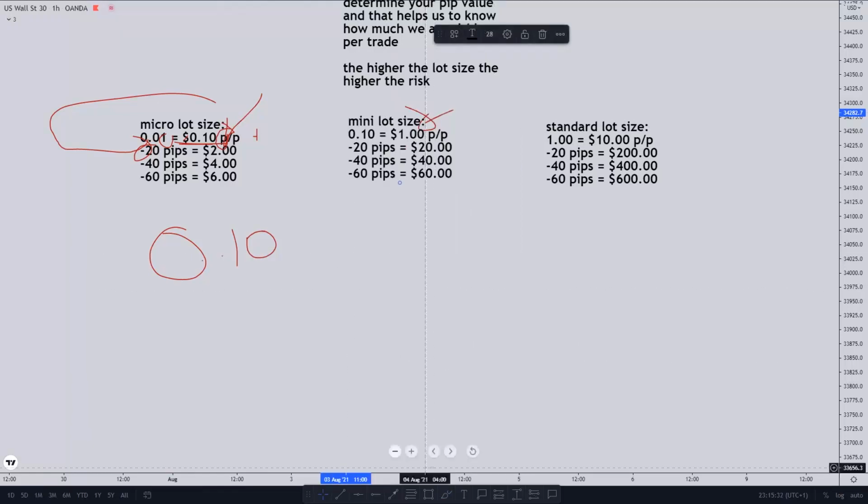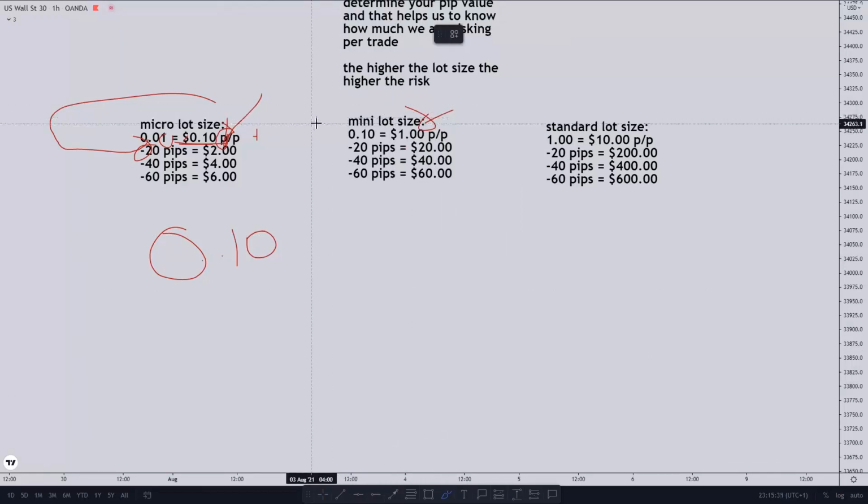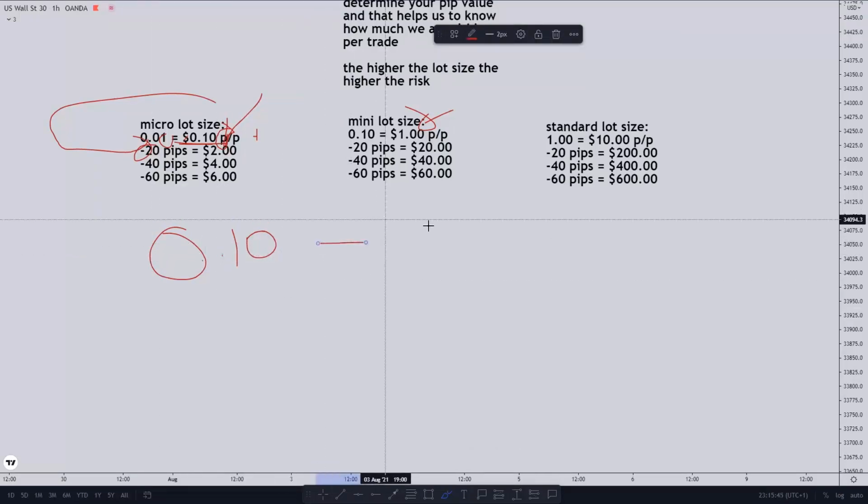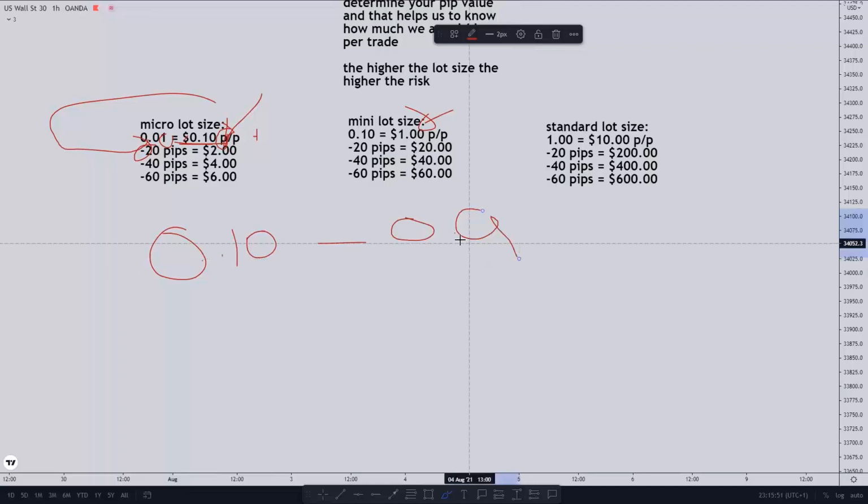There we go. So a 0.10 mini lot size equals $1 per pip, right? So a mini lot size is going to be anything from 0.10 to, let's say, 0.99.